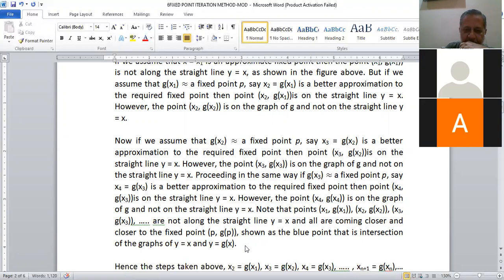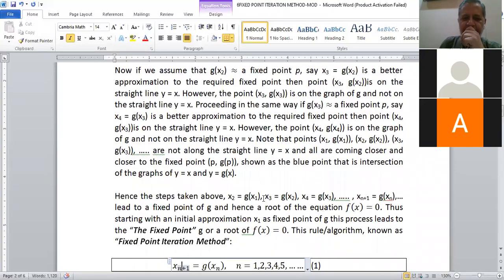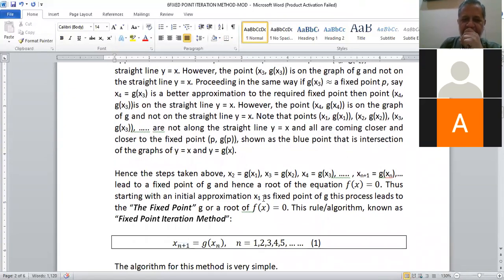Now, you go through this write-up and understand the logic of this algorithm, which is a very simple algorithm to find the fixed point of any function g. So starting from x1, g(x1) we called x2, then g(x2) we called x3, g(x3) we called x4, and so on and so forth.